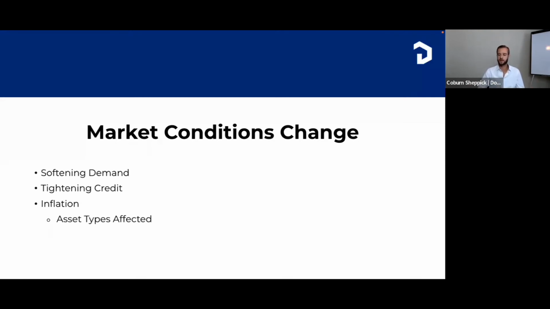For inflation, for example, what we're experiencing now, properties are affected differently depending on the asset type. Apartments, for example, have high turnover rates, meaning that for one, people leave, and two, the lease renewal rate is usually every year, and sometimes even shorter than that. So rents can be increased just as quickly as those leases turn over.